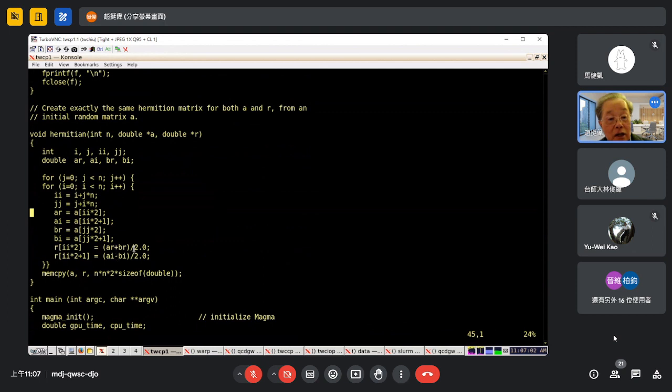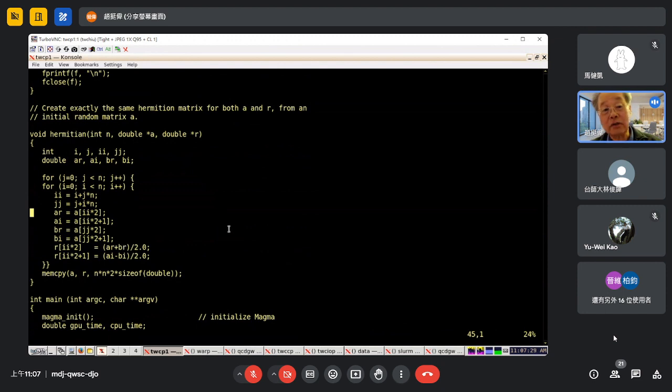B is the elements of the adjoint of matrix A. When you add these two parts together and divide by 2, you get the Hermitian part.